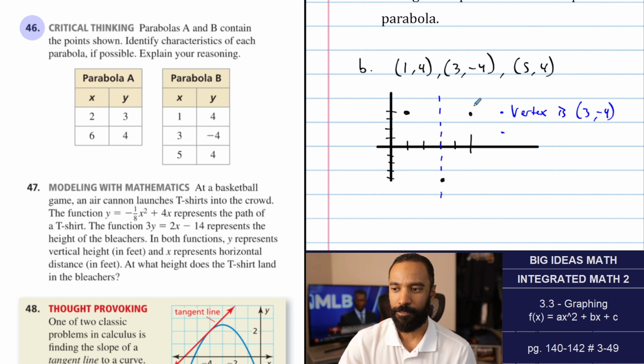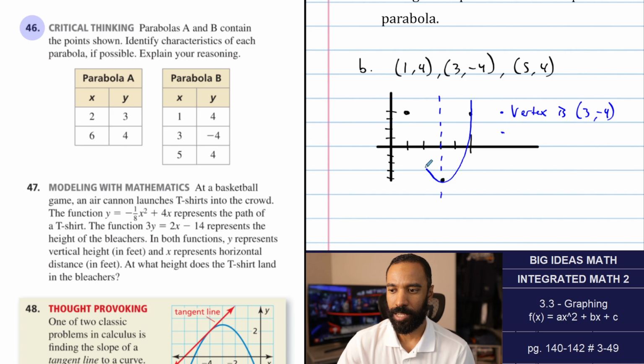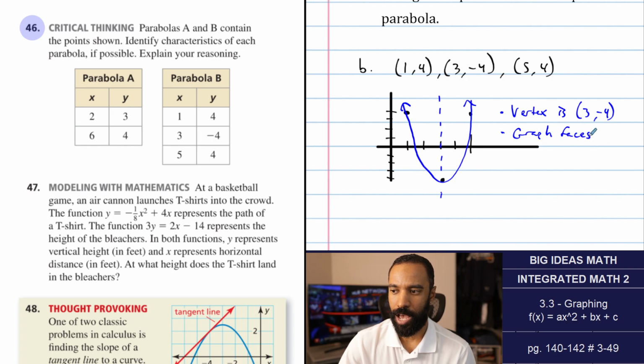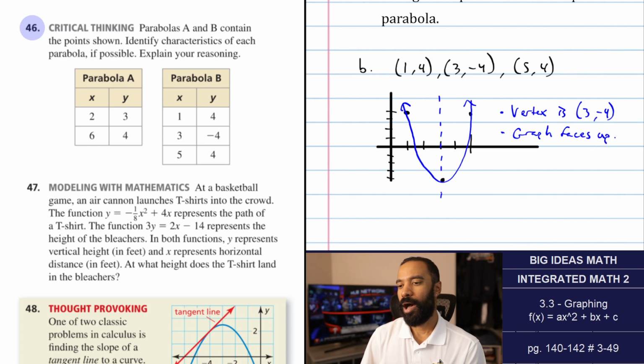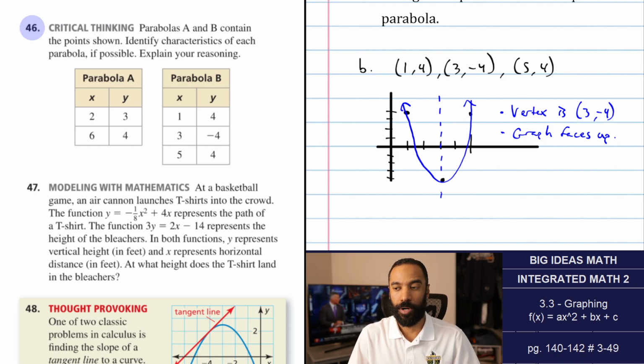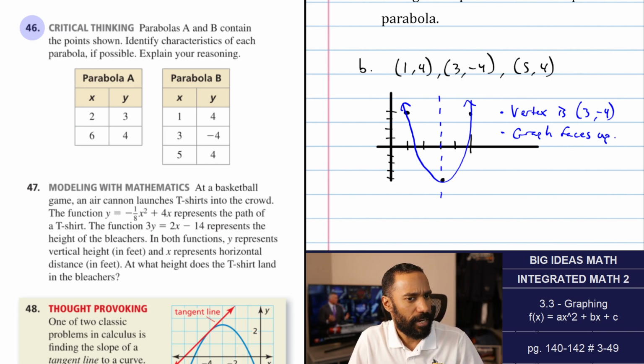Number 2, the graph faces upward. This thing is doing that right there. It's going to have to hit there. Graph faces up. If we worked hard enough, we could come up with a whole equation. I could tell you right now it's going to be some 2x squared, blah, blah, blah. They just identify characteristics.